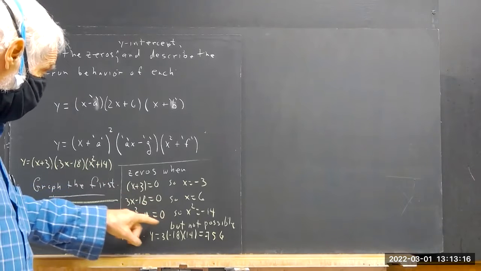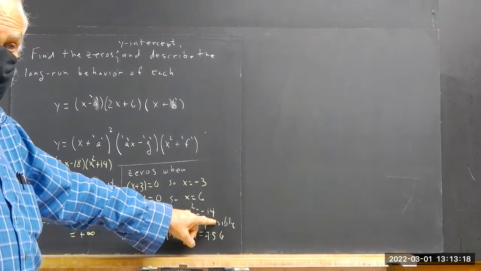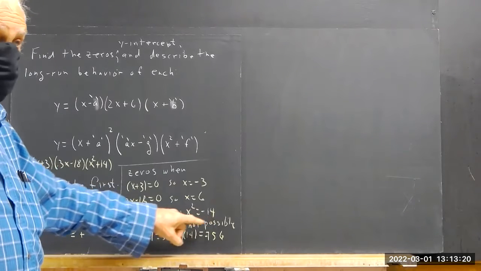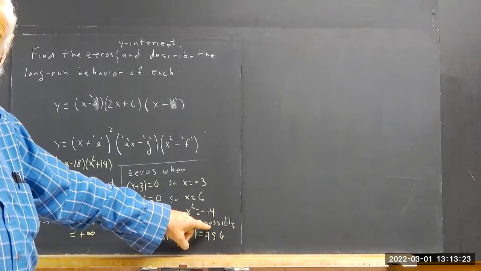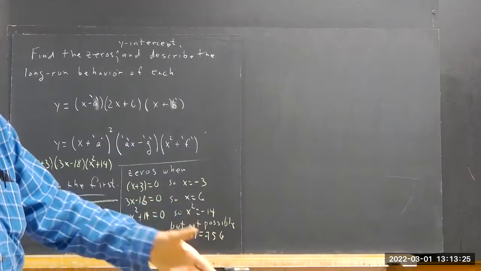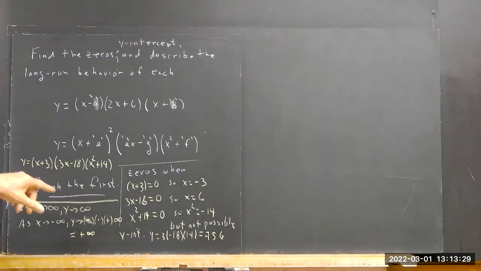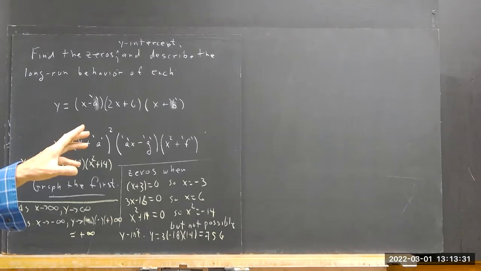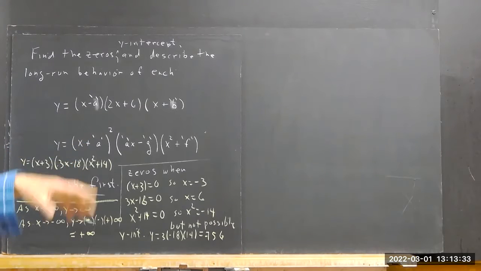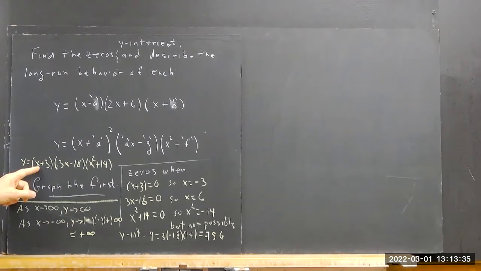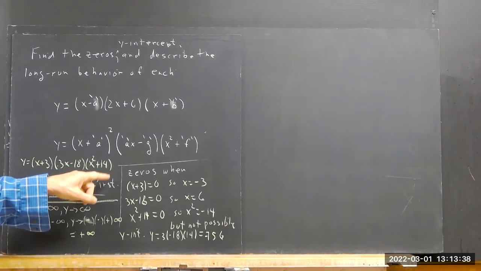X squared plus 14 means X squared equals negative 14, and there's nothing you can square to give you negative 14, right? So if you plug whatever that third 0 is into the function, you're not going to get 0. Okay, try it. Think X equals 14, plug 14 in. That's not 0, that's not 0. 14 squared plus 14 sure isn't 0, right?